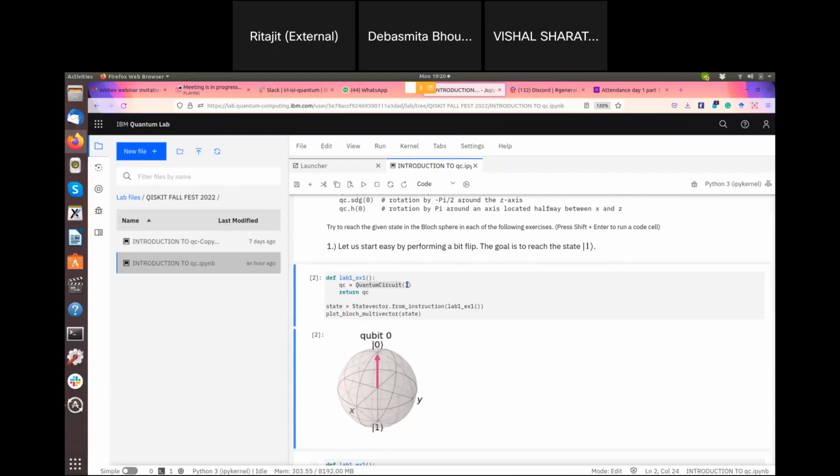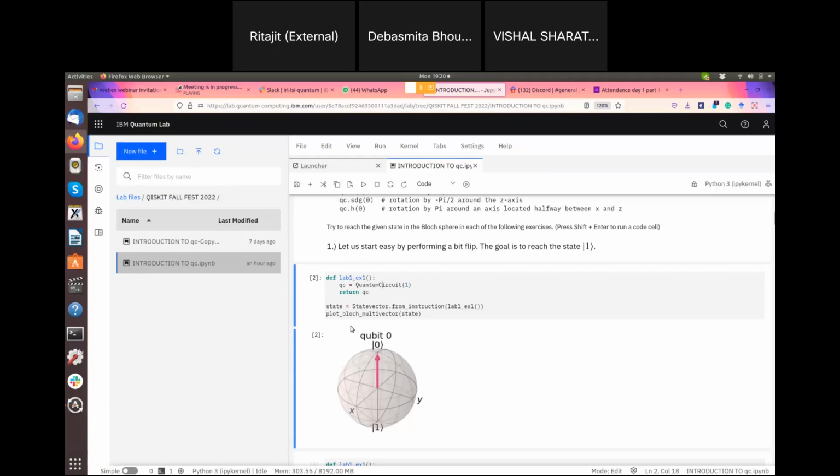So we have created 1 qubit, and all qubits are by default initialized to 0. We take that in QC and we return that QC. So this is our function to create one single qubit which is initialized at 0.